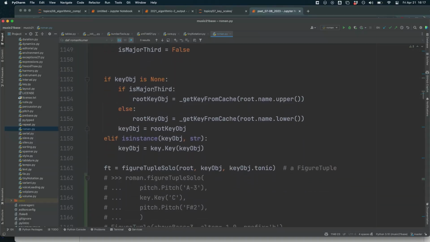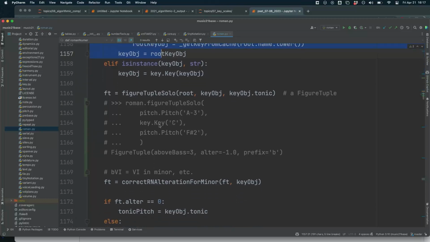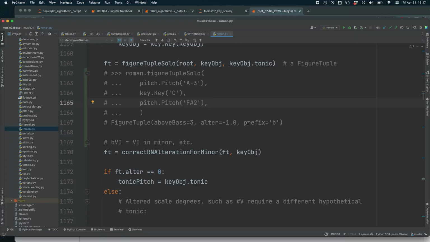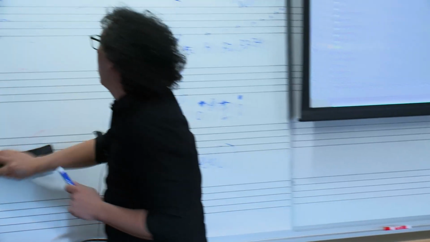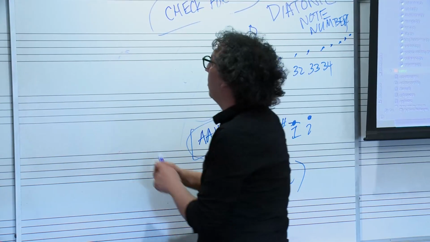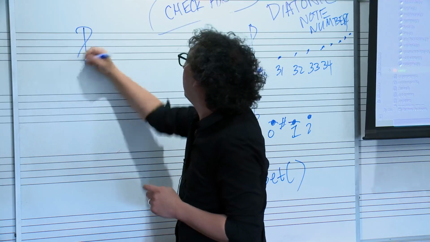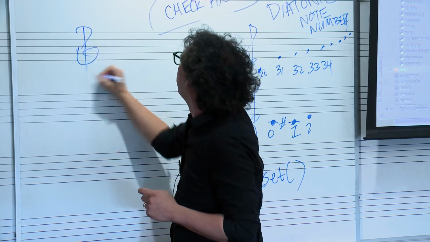We'll skip anything that says if there isn't a key, put that in. Then I created this conceptual device called a figure tuple, which is the notion of something like if you had a chord with, I don't know, you might, sorry, that is not a French vocal clef.